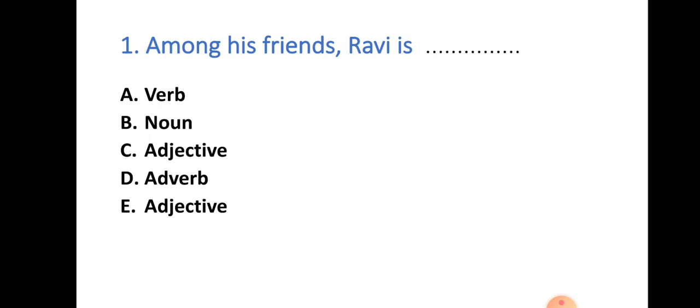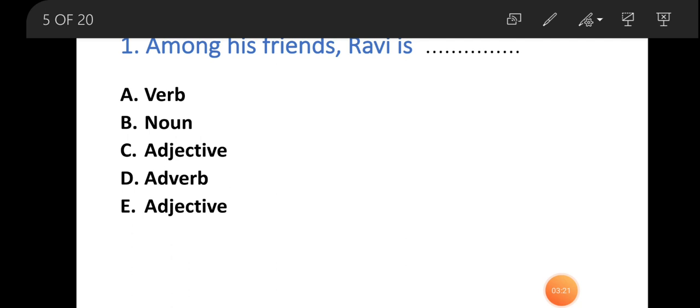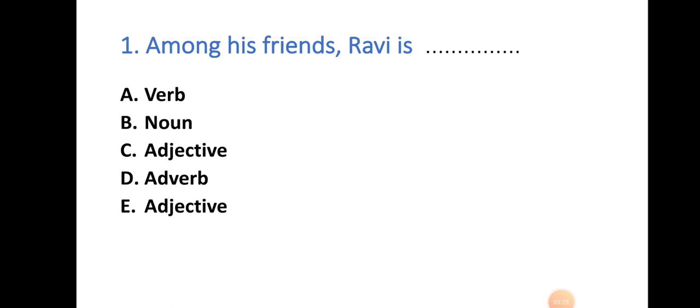We are searching for an adjective, so you can eliminate option A, option B and option D. You can go either with option C or option E. So with this we can understand that understanding the grammatical category or the parts of speech helps us eliminate a few of the option choices.